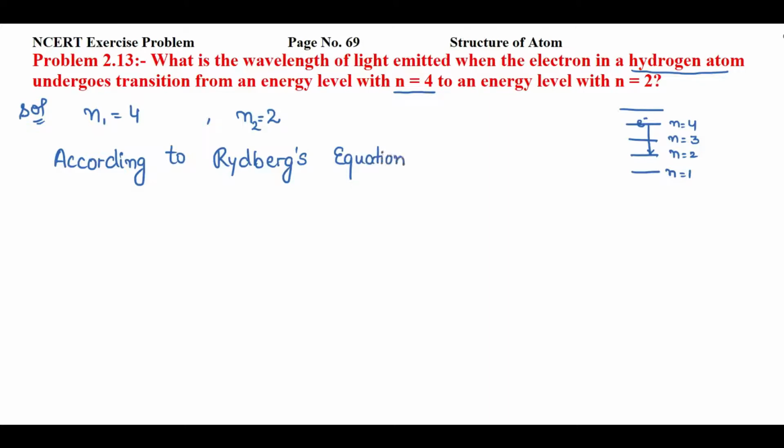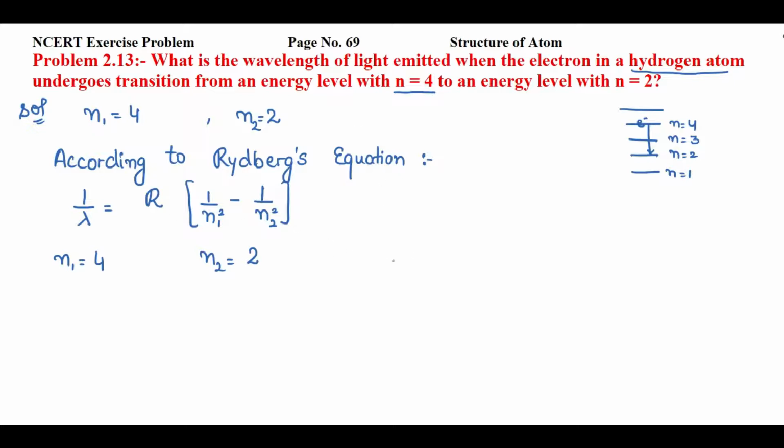So this Rydberg equation is 1 by lambda equal to R into (1 by n1 square minus 1 by n2 square), right? So this R is Rydberg's constant. So we'll write the values over here. n1, that means the orbit from where the electron is undergoing transition, is the 4th orbit, and n2 is the 2nd orbit.